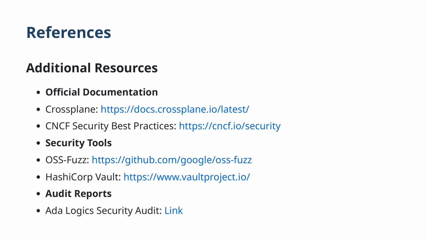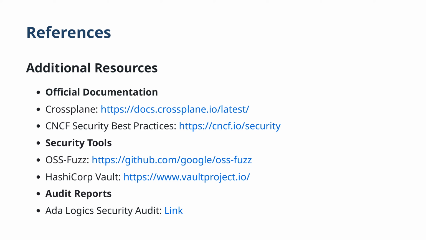For broader security practices within cloud-native environments, the CNCF Security Best Practices provide comprehensive guidelines, and they can be found at cncf.io/security. When it comes to security tools, OSS-Fuzz, available at github.com/google/oss-fuzz, offers continuous fuzzing for open-source software to discover vulnerabilities proactively.